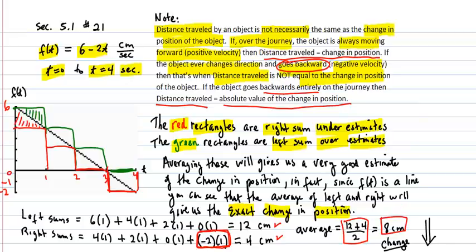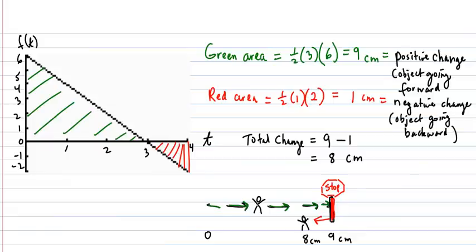Now let's view this another way. Here's another way of looking at it. We don't even deal with left and right, because we know how to get the area of this triangle here. And that's going to be the exact change in position. But the green part is going forward, and the red part is going backwards.